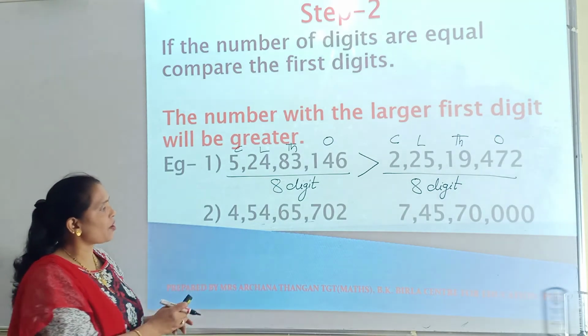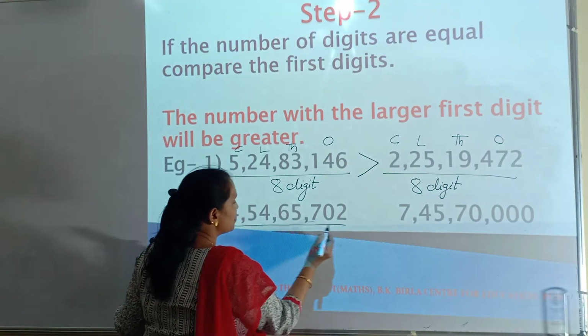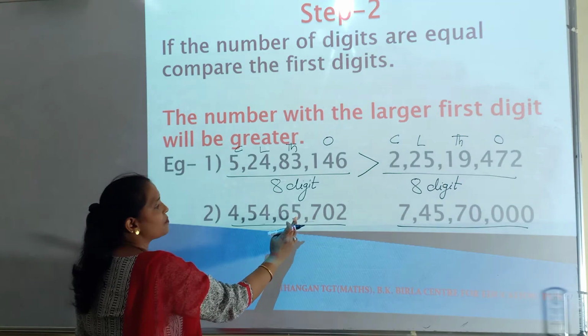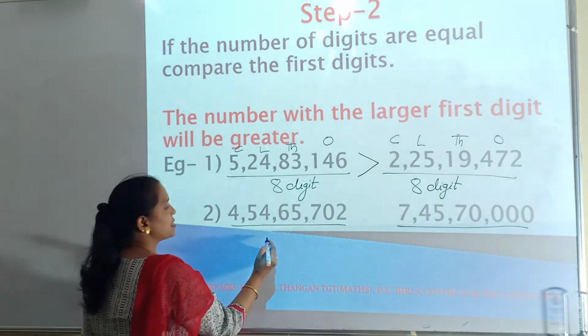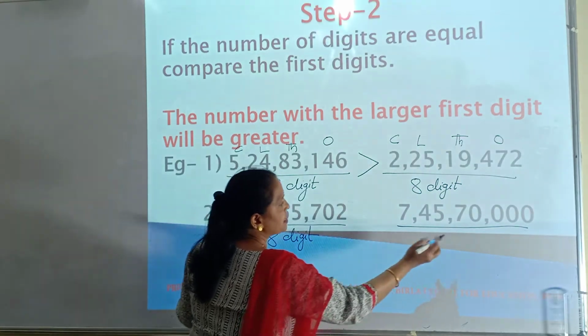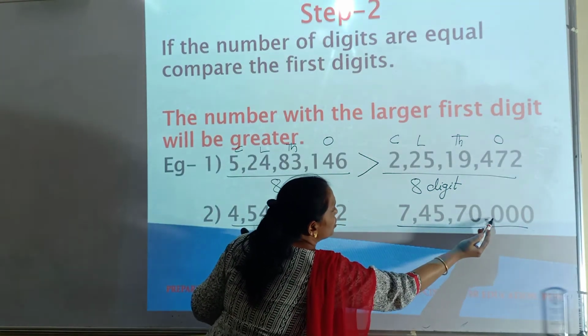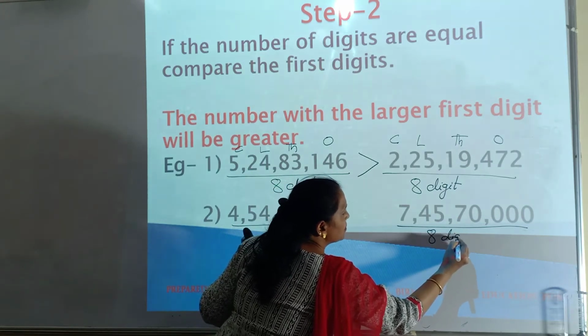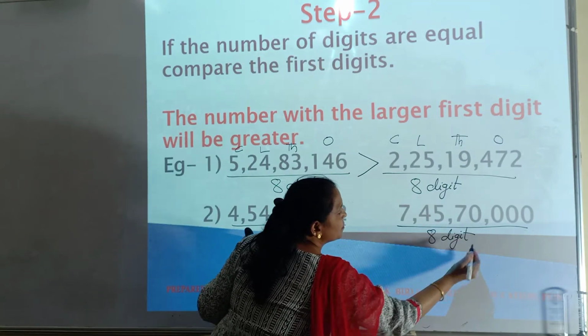Here, for every number, first we have to check the number of digits. 1, 2, 3, 4, 5, 6, 7, 8. This is also an 8-digit number. And this is also 1, 2, 3, 4, 5, 6, 7, 8. This is also an 8-digit number.